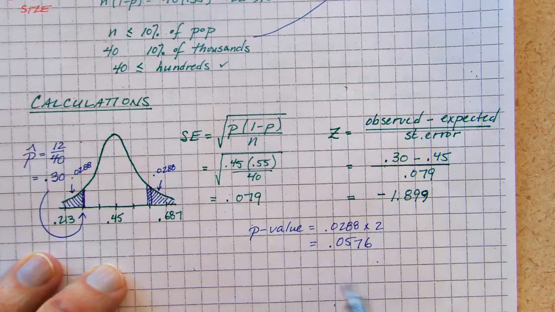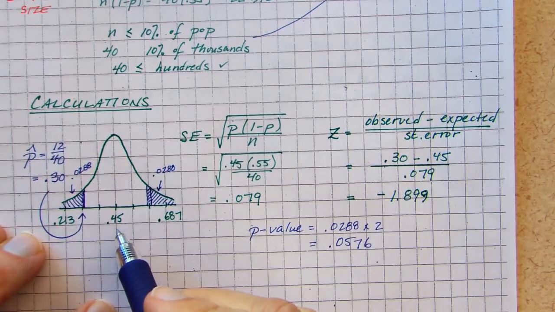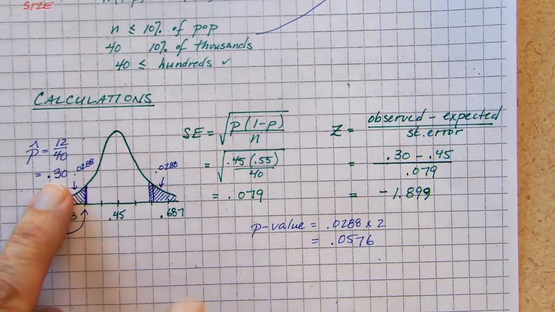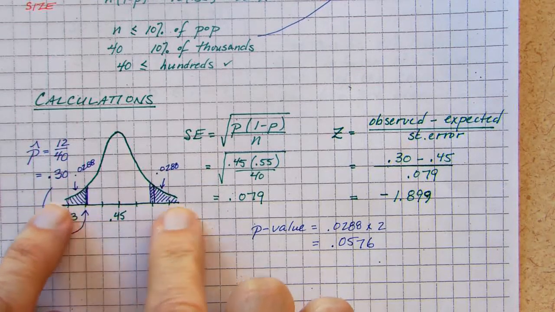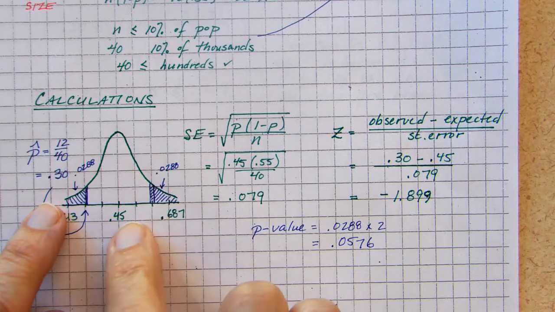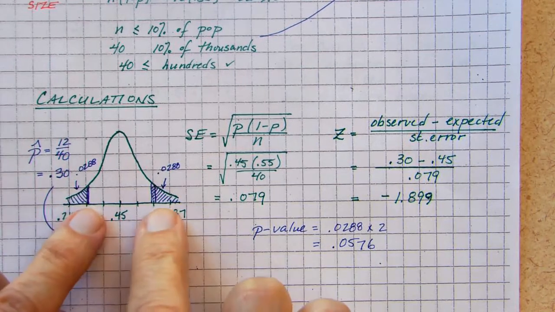What this represents is, assuming the box really is 45% blue, what are the chances of getting a sample that's only 30%, or perhaps something even more extreme, meaning even farther away than 45? As far away as this is, getting this kind of sample, or one that's even more different than 45.